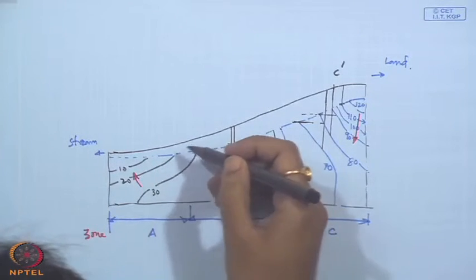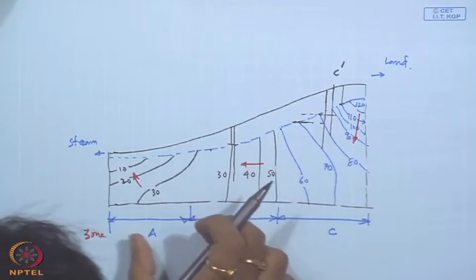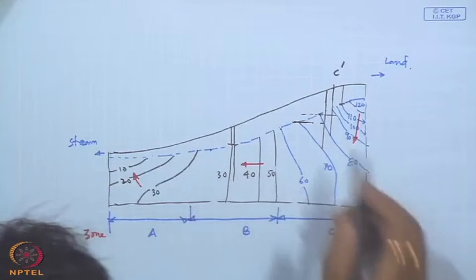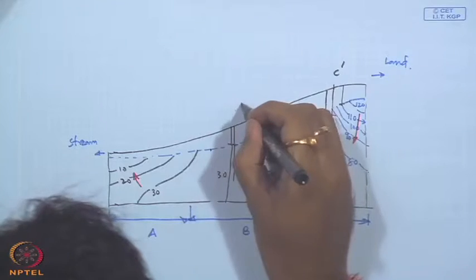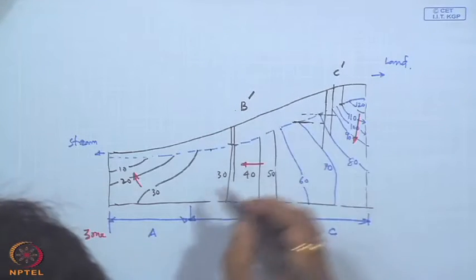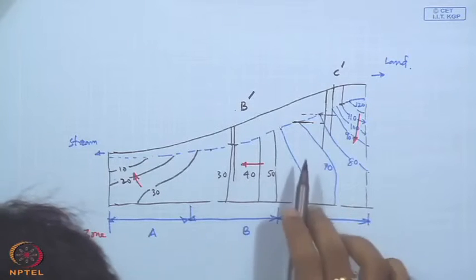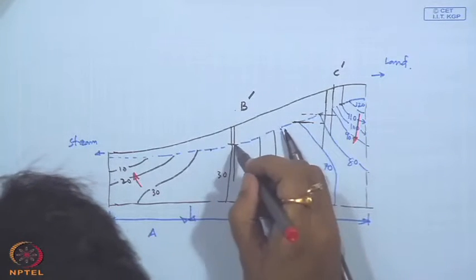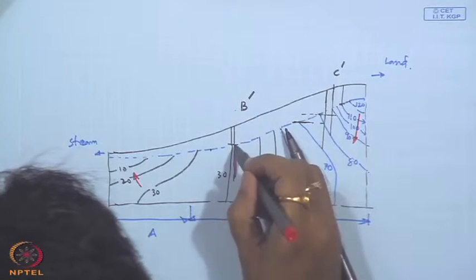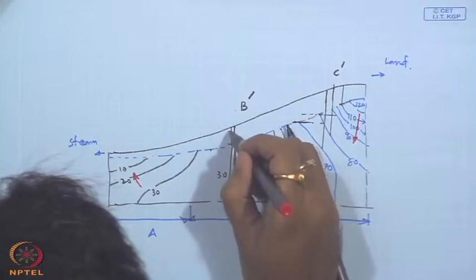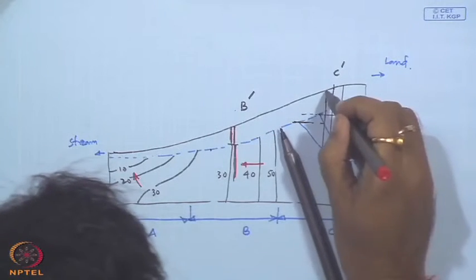In this region, that is region A, this thing we can denote as B prime. Now, in the C prime region, or else we can denote it with piezometers with this red thing.